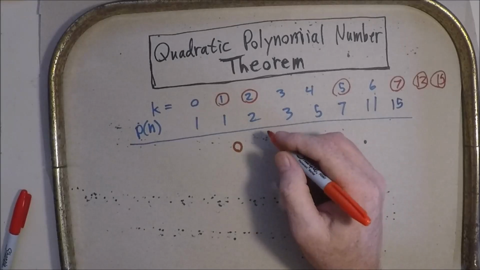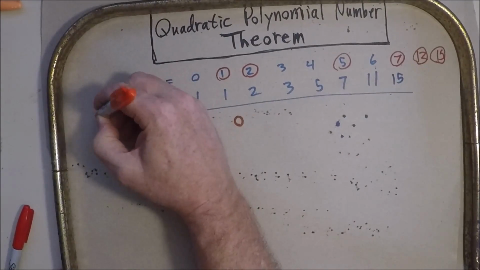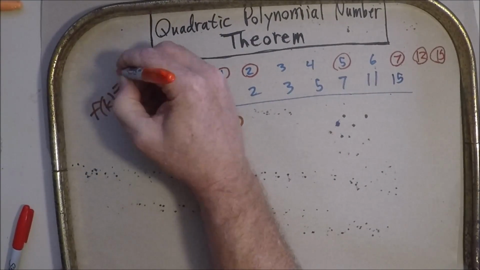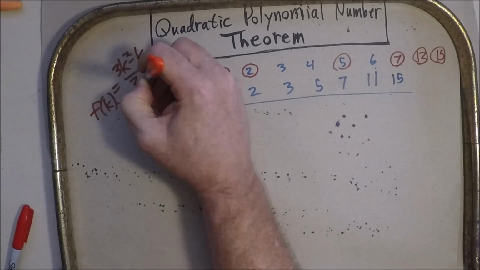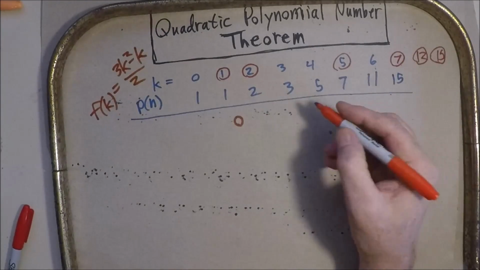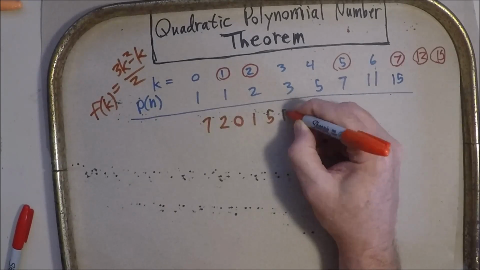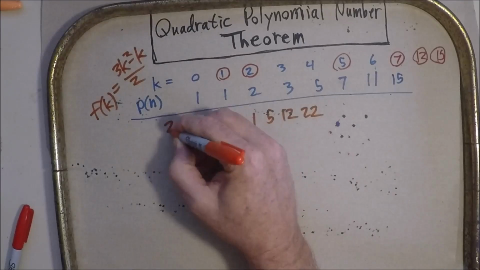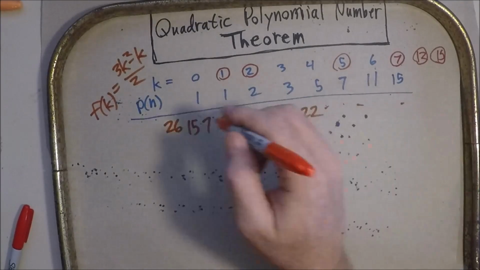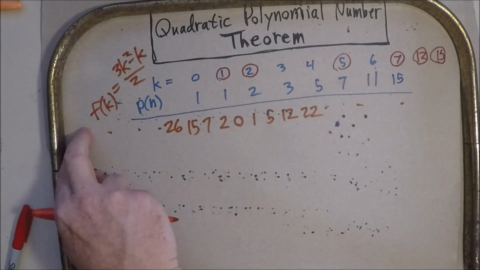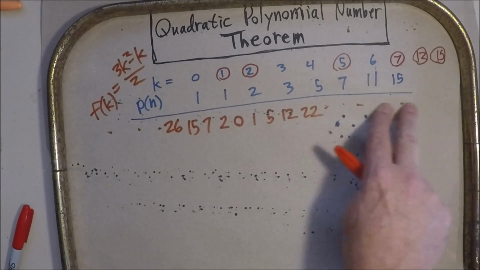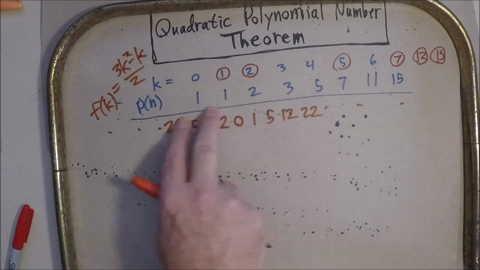Think of the quadratic f of k equals 3k squared minus k over 2 in terms of a sequence, because it's 1, 2, 5, 7, 12, 15, 22, 26, and so on. This whole infinite sequence is a quadratic.